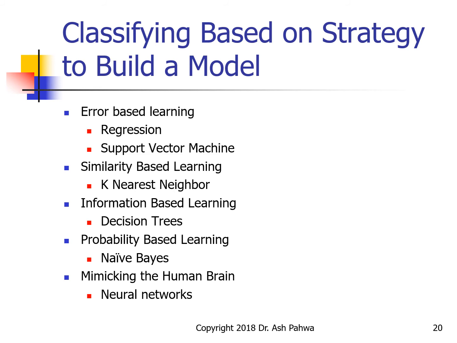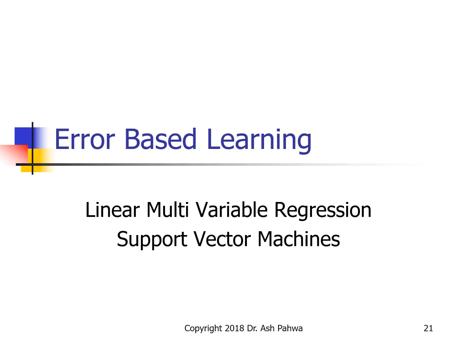Now let us look into a little bit more detail in each of these strategies that are used to build a model. First of all, let us look into error-based learning. In this method, we compute the error, and then we try to minimize that error.